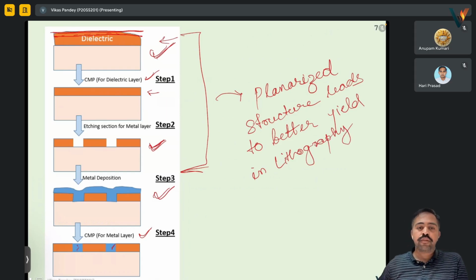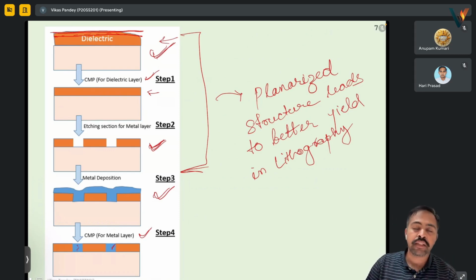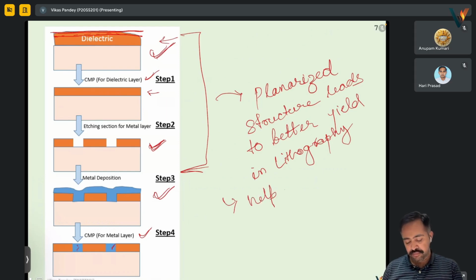Okay, so that is one big reason, as well as it will help us get better yield or throughput for the subsequent process.